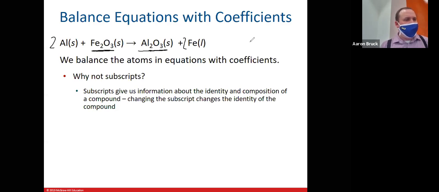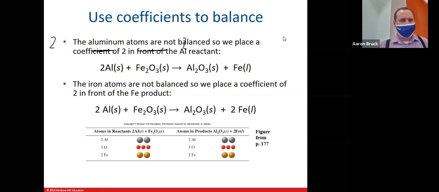By using coefficients, I can now express how I get the 2 aluminum atoms to make aluminum oxide, and I can express what happens to the iron in the iron oxide when it becomes molten iron, the product.